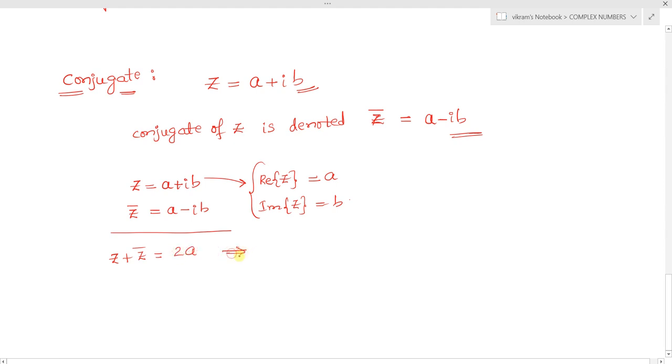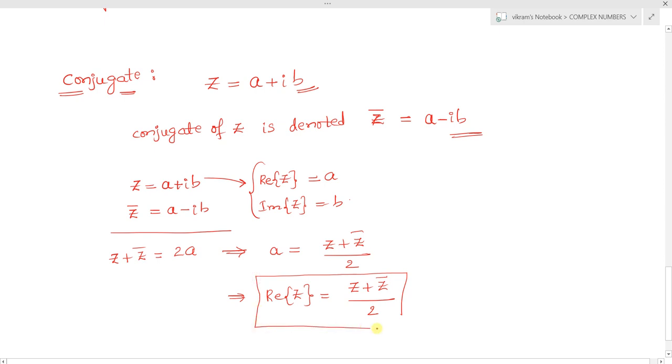That implies a equals (z plus z conjugate) by 2, where a is the real part of the complex number. The real part is the average of the complex number and its conjugate. Now how do we find the imaginary part?